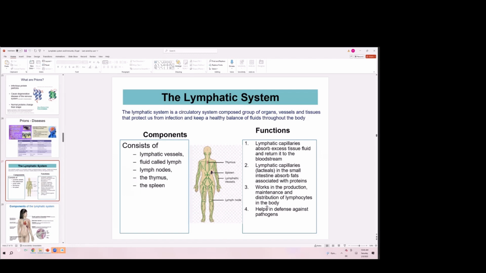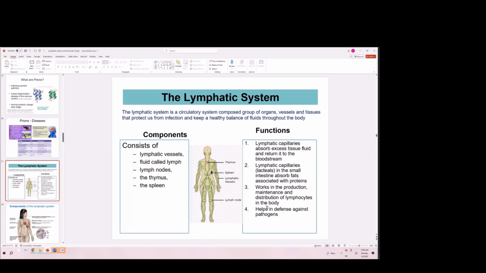The lymphatic system is what we'll talk about next, and how we deal with this. It's a system similar to the circulatory system, composed of organs, lymphatic vessels, and certain tissues that protect us from infection and keep us healthy. It maintains fluid balance throughout our body, meaning the blood volume in our blood vessels is right, and the tissue fluid surrounding the cells in our tissues is right.